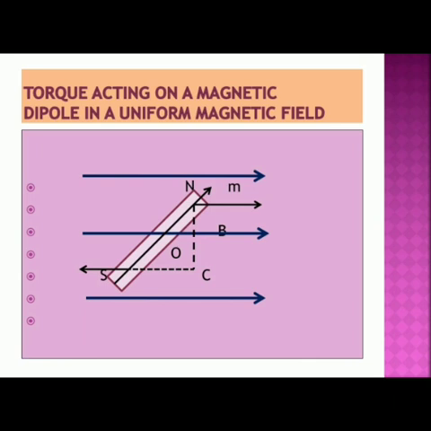The two quantities involved are a small m, which is represented as the dipole moment, and capital B, which is the magnetic induction felt by the bar magnet. You could see there is a small angle made between the second arrow and the third arrow, that is, with the south pole of the magnet. This small angle is represented as theta.